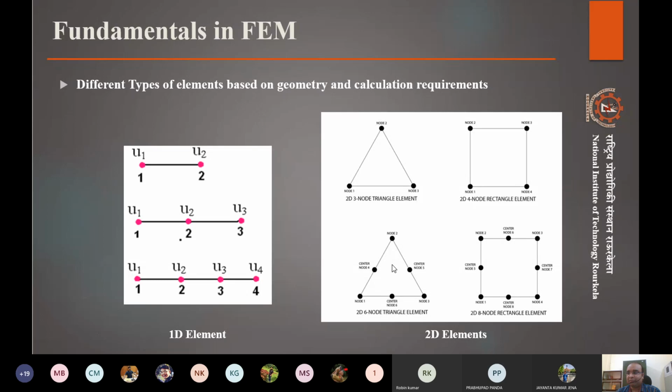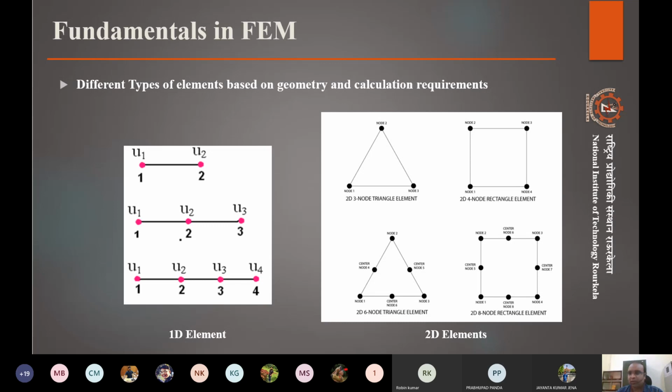The only thing we also remember is that as we increase the number of nodes, we are increasing the places where the calculations are done. As the number of calculations increases, the corresponding amount of load is given to our computer. Suppose you have a 10 by 10 centimeter box, and you want to divide it into 1 centimeter each node, 1 centimeter each element.